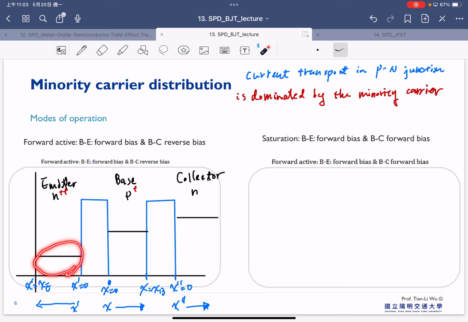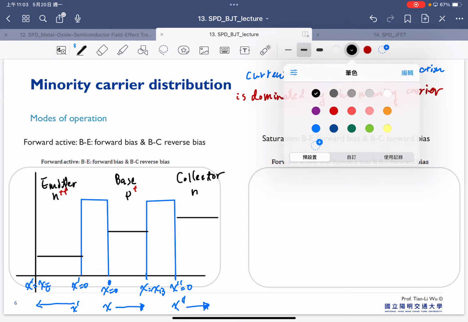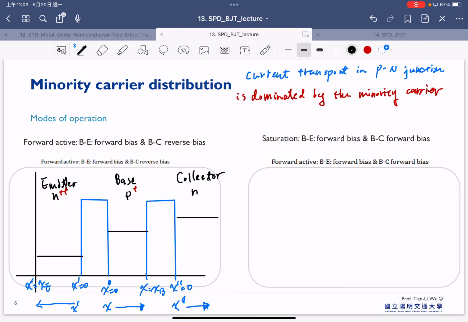So in here, the minority carrier in the emitter is a hole. So that's why we call this PE0. 0 means static, E is emitter, and P is because this is a minority carrier in the emitter, which is a hole here. And also we have the NB0 because the minority carrier is an electron. And we have the PC0, that's the minority carrier in the collector, which are the holes here.